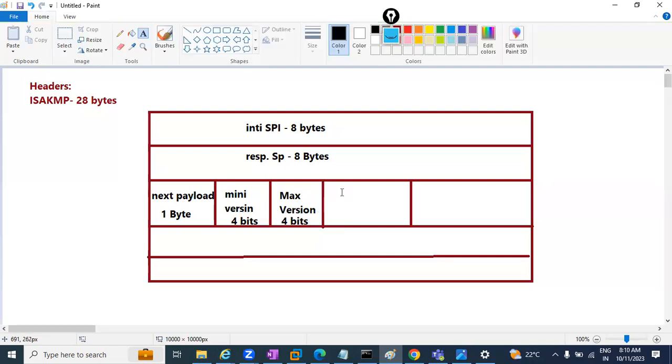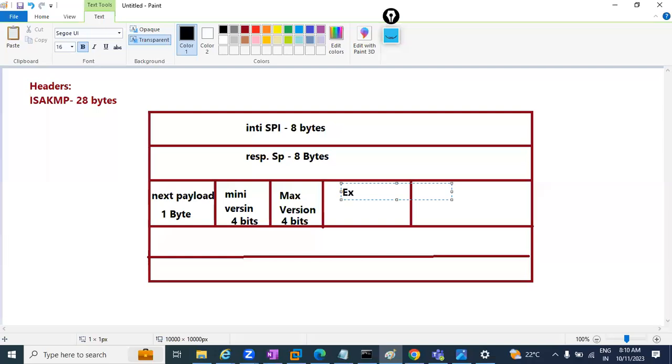And then this is the exchange type. Then we have flags here. This is again 1 byte, and this is again 1 byte. And then we have the message ID, whose size is 4 bytes.